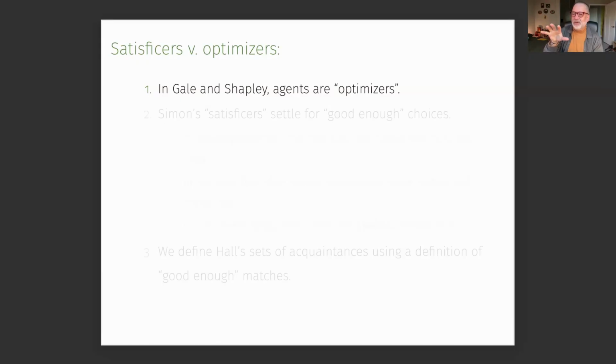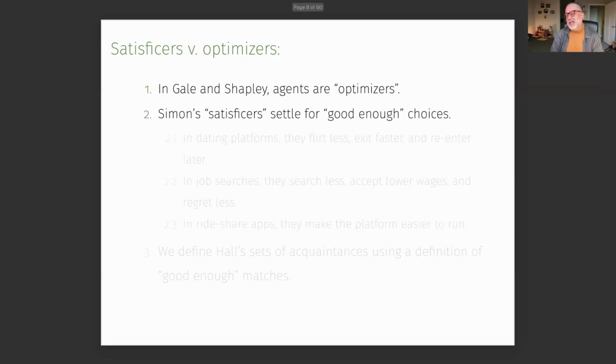So a matching is not going to be stable if a man and a woman know that they can match each other and be better off than with the people they are matched with at the moment. Every man and every woman is acting optimally in the sense of looking for a better match for themselves. We're going to call these agents optimizers. They're always trying to get the best match for them.